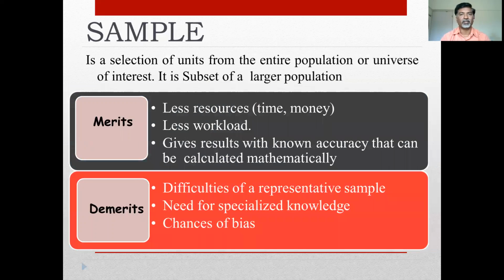Second one, sample. A sample is nothing but selected members, units or items from the entire population or universe which is of our interest. Just as we discussed, in this survey on the opinion of students about services provided by XYZ Institute, what was my interest?